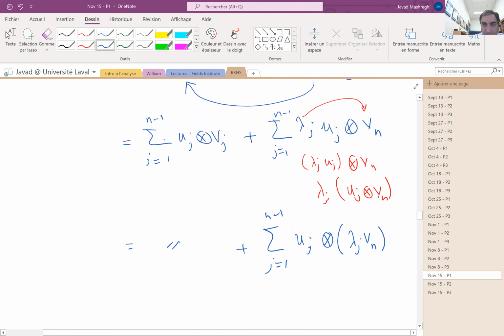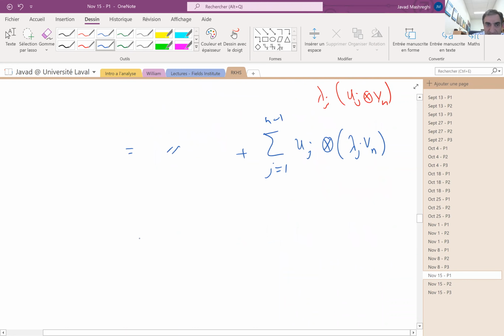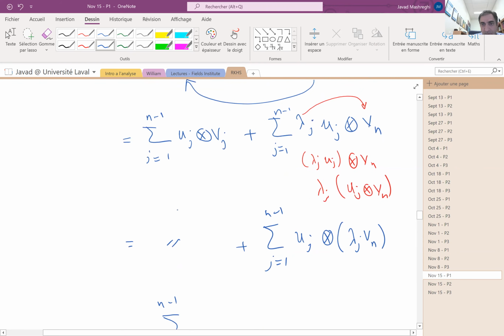And now we can mix the two sums and write the sum j from 1 up to n minus 1. Both terms start with uj. So uj is good, tensor, what is the second component? vj plus lambda j vn.